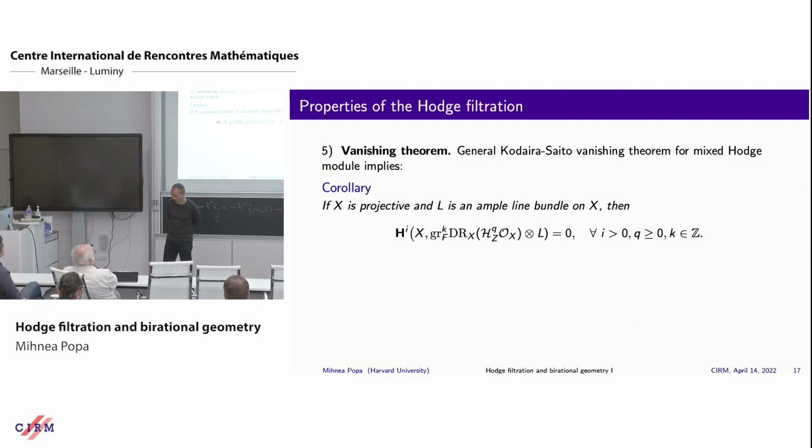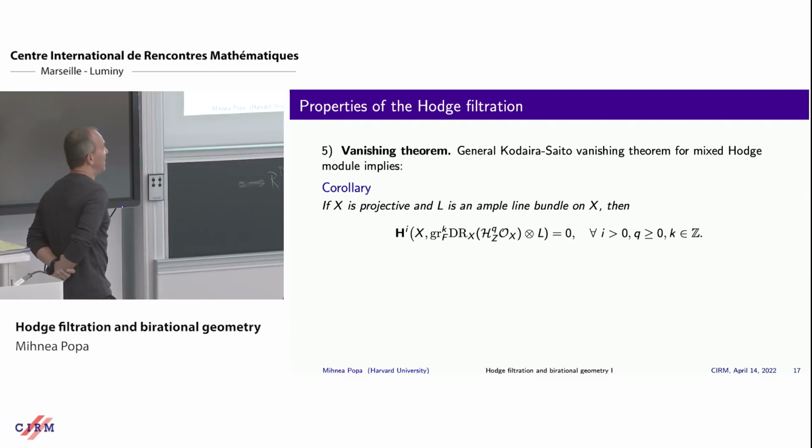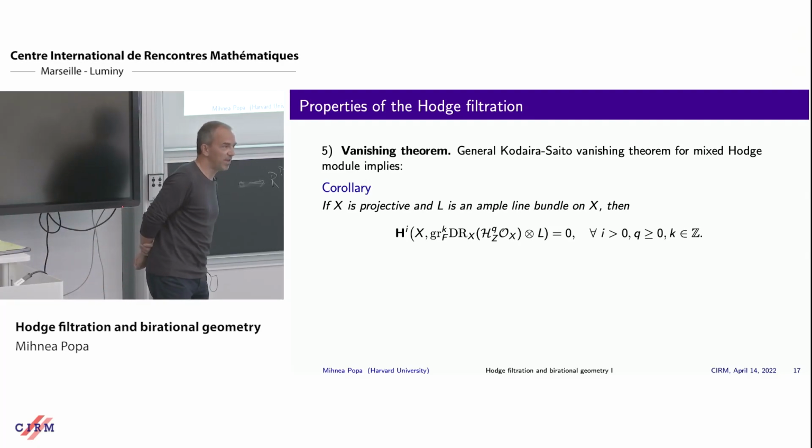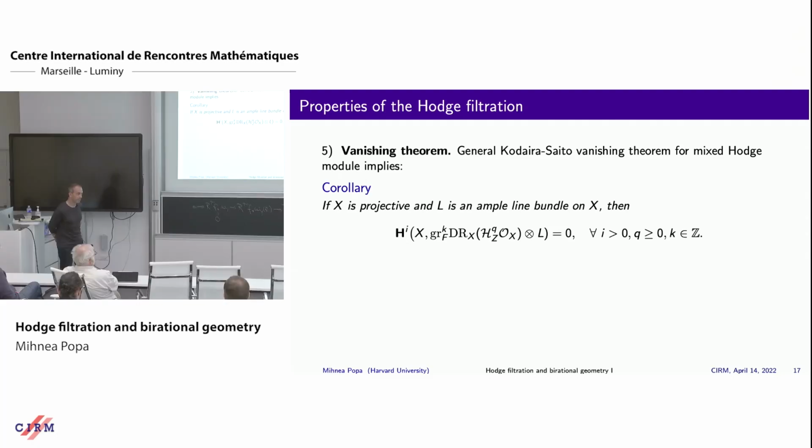Okay, and so a major feature of mixed Hodge modules that Saito didn't consider to be very major, because it was like a passing remark in his original paper. But I think a major feature of mixed Hodge modules is that all of them come with a vanishing theorem that generalizes Kodaira vanishing. Okay? It's a complicated statement.